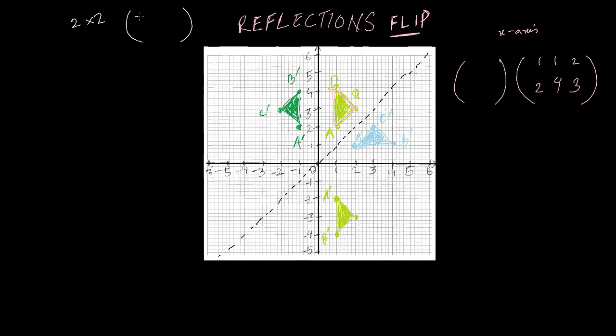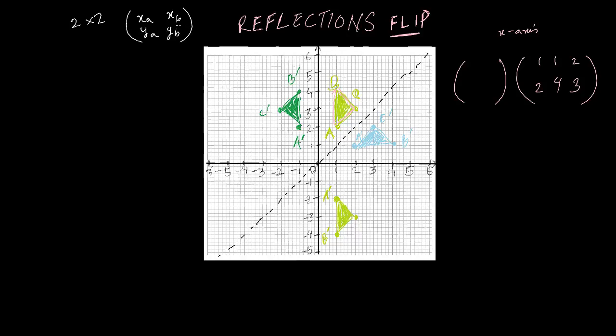And the first row would be the x coordinate. Let me call it xa and let me call this xb. And the second row is going to be the y coordinate. Let me call it ya and let me call this yb. So the transformation matrix is made up of zeros and ones, and at the basic level, it has the values of x in the first row and the values of y in the second row.